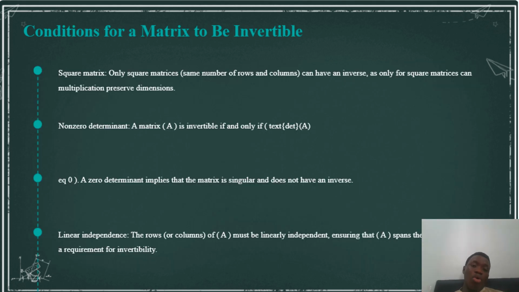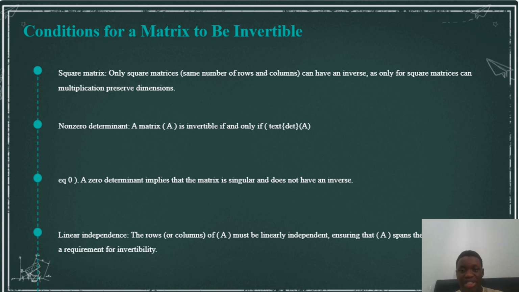Now, conditions for a matrix to be invertible. First, square matrix, in the sense that only a matrix that has an equal number of rows and columns can be inverted.